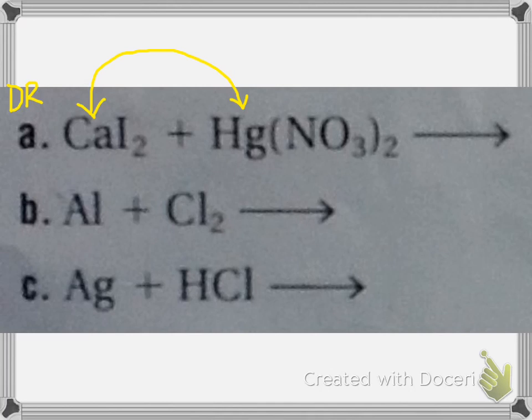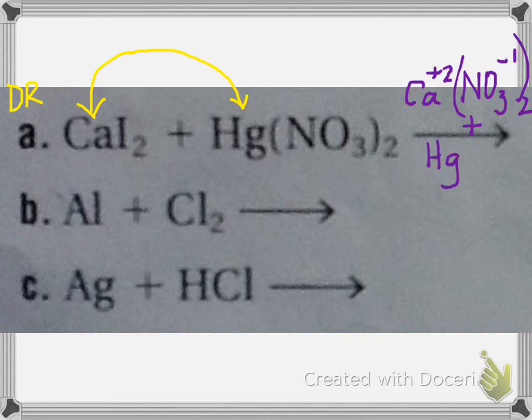So my products are going to be Ca, all ionic compounds, so +2, NO3, -1, need parentheses, and my other product is going to be Hg.